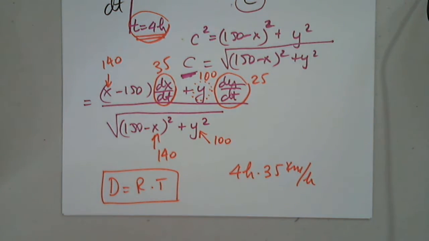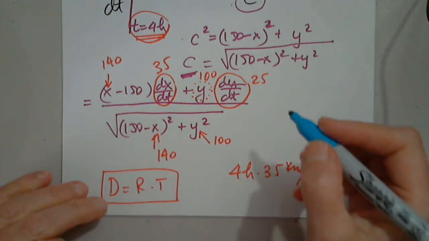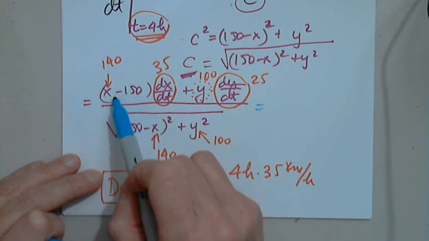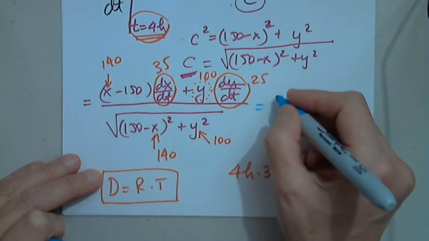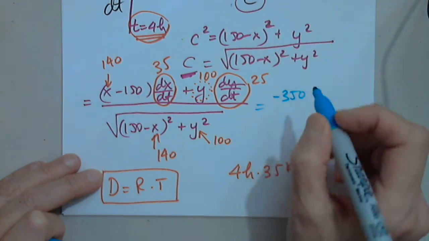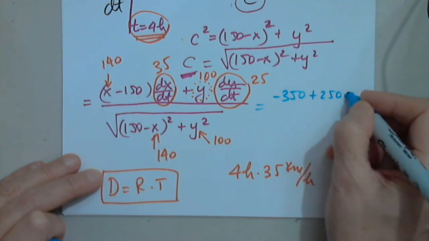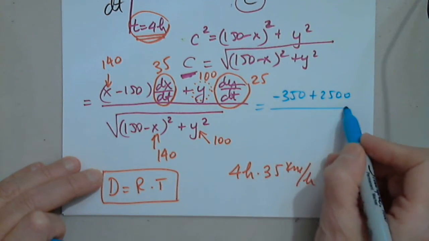Now we have all the numbers. Let's plug them in and calculate. 140 minus 150 is negative 10 times 35, negative 350. 100 times 25, so positive 2,500.